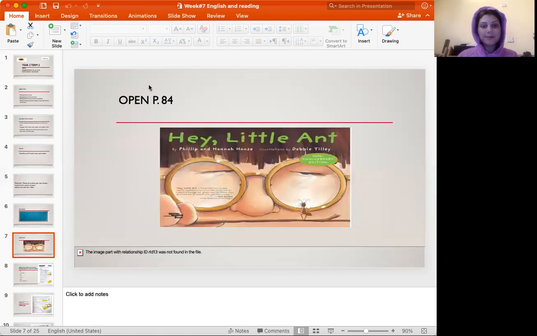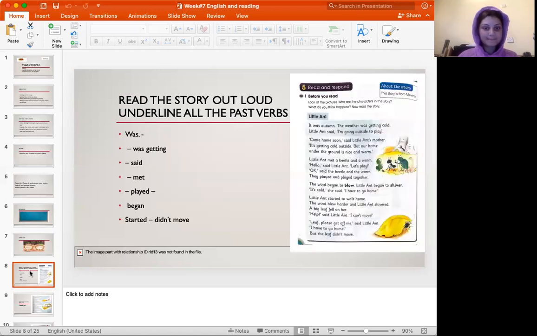Now, please open page 84. Hey, little ant. Let's see what happened with the little ant. Before starting, I would like to ask you to look at these 2 pictures.